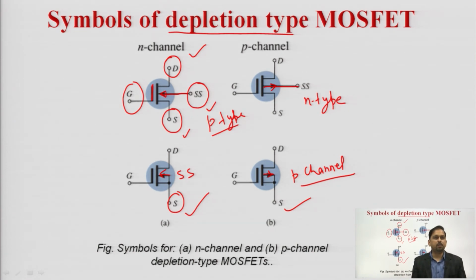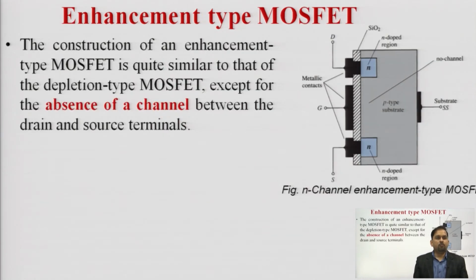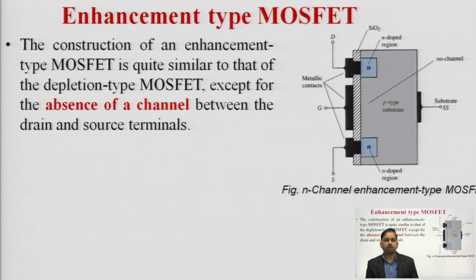So after these symbols, we will see the enhancement type MOSFET. So what is an enhancement type MOSFET? First of all, we will see the construction, after that the working and the characteristics of this enhancement type MOSFET.